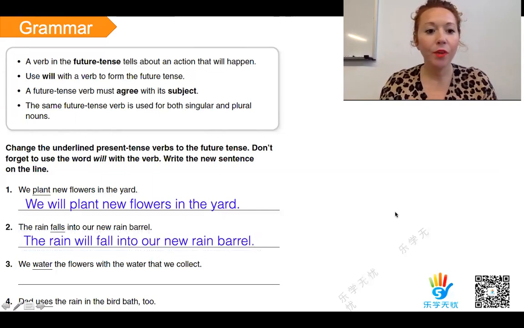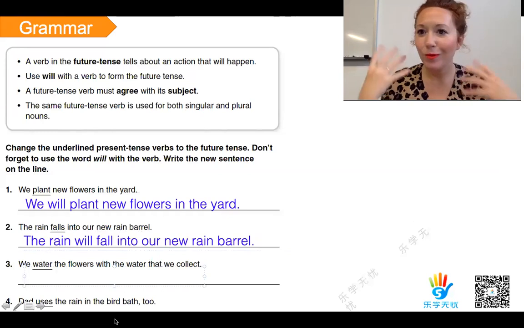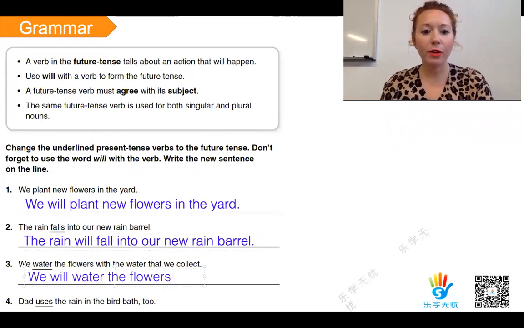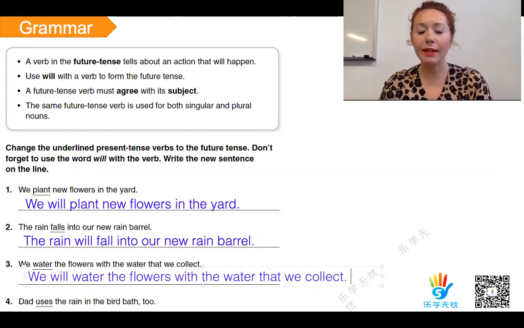Number 3, we water the flowers with the water that we collect. So in order to make this future, we will say, we will water the flowers with the water that we collect.